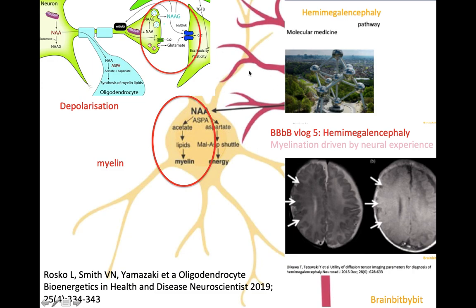And this depolarization and efflux of NAA and the breakdown of NAA in the oligodendrocyte into lipids, which is a building block of myelin, is a piece of the puzzle of how the neuron and the oligodendrocyte communicate. So NAA is, how I imagine it, the way for the neuron to tell the oligodendrocyte, I'm active, I'm being depolarized, make or maintain my myelin.